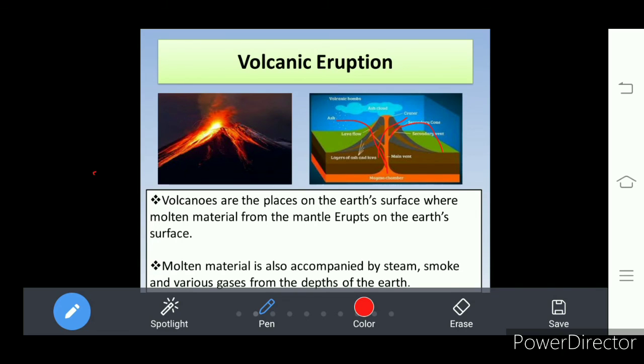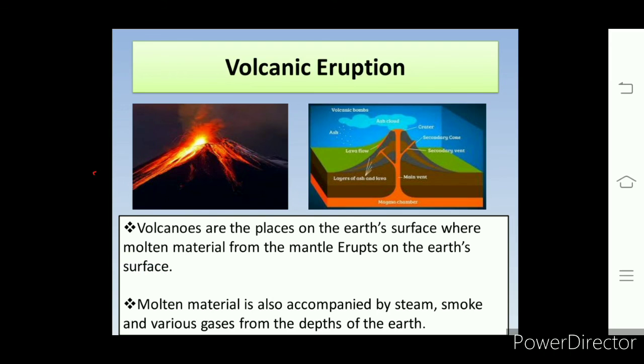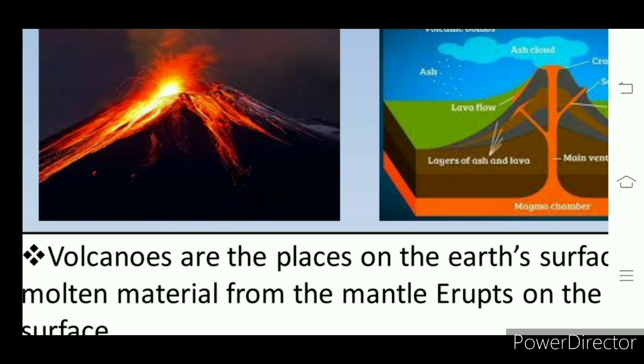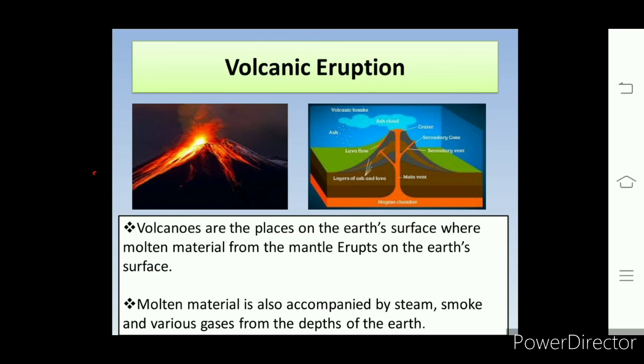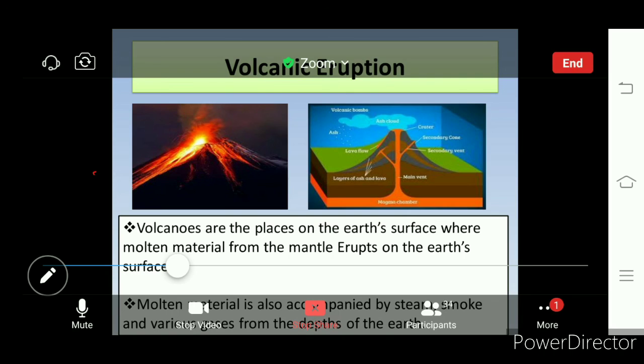When molten material erupts out from volcanoes, several gases also erupt out, that is dust, smoke, and other steam also comes from the depths of the earth. So at the plate boundaries, what we see there is the forming of new crust or volcanic eruption. This is the drama that takes place at the plate boundaries.